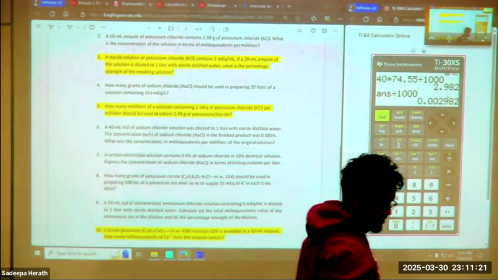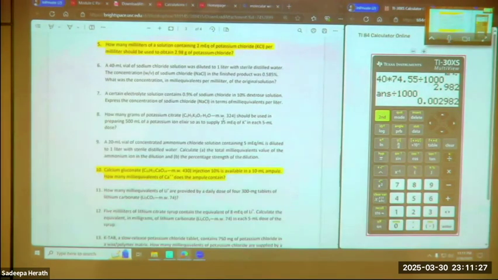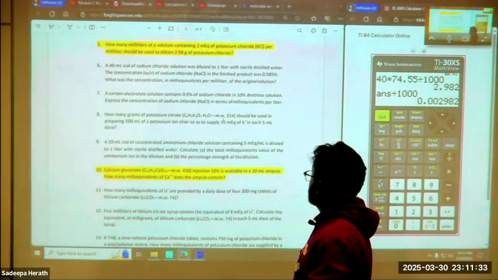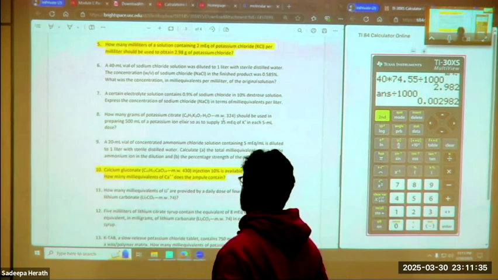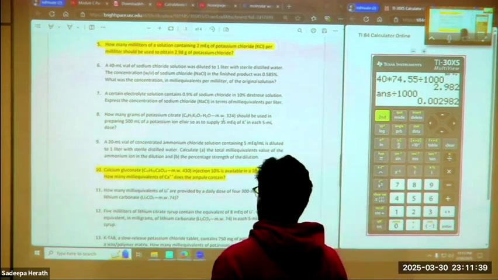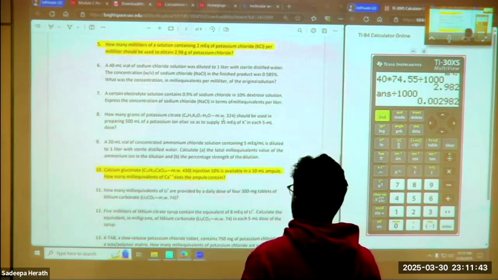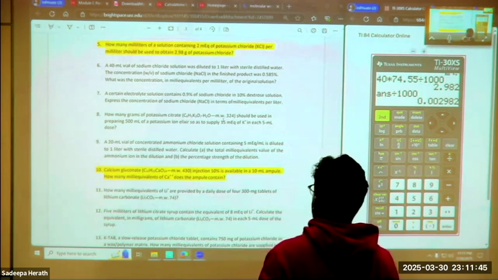Okay. Next question. Question 5. How many milliliters of a solution containing 2 milliequivalents of potassium chloride per milliliter should be used to obtain 2.98 grams of potassium chloride?